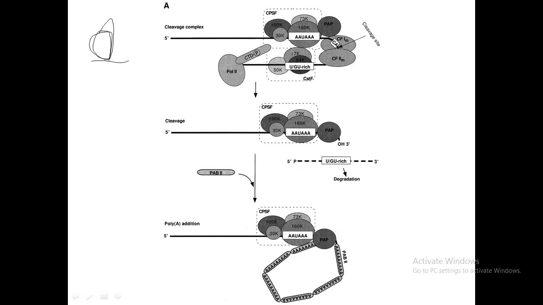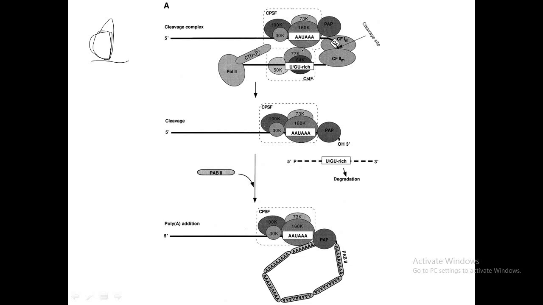So the interaction between the 160K subunit of CPSF and the 77 kilodalton subunit of CSTF stabilizes their interaction, since their binding is weak.